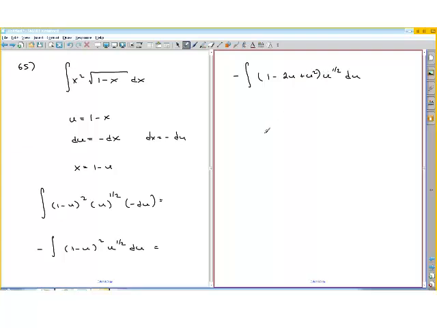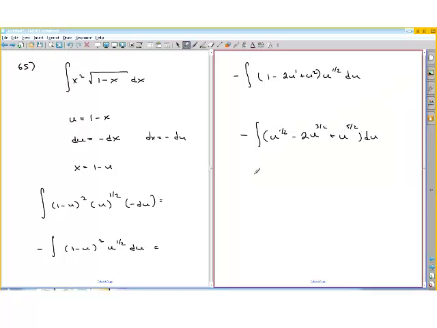Now you distribute this to each term, so we get u to the 1/2 minus 2u to the 3/2. That's because u is to the first power, so 1 plus 1/2 is 3/2. Plus u to the 5/2, because we have 2, which is 4/2, plus 1/2 is 5/2. Whole thing times du.